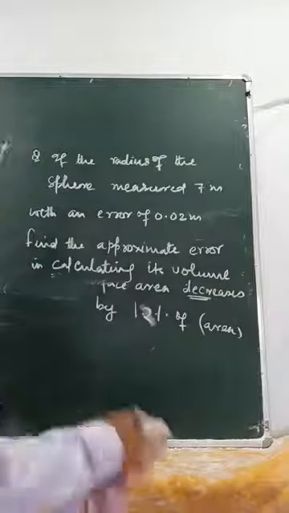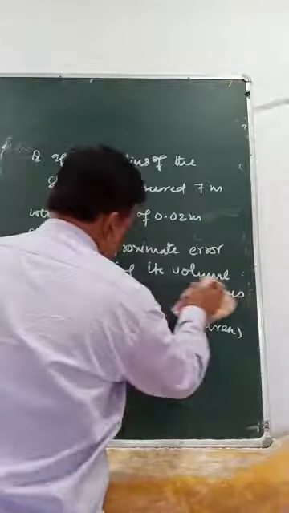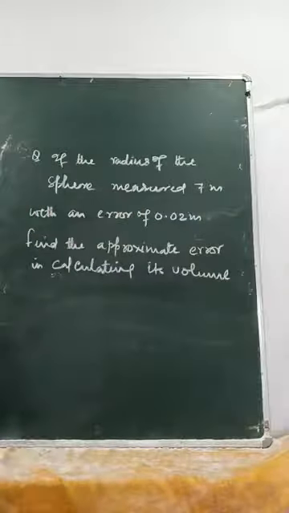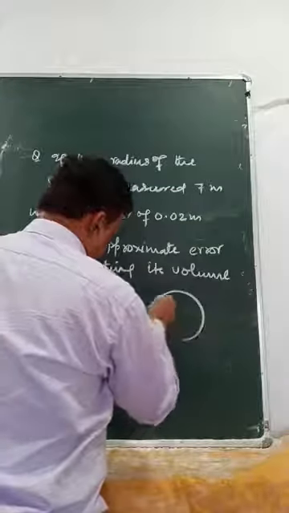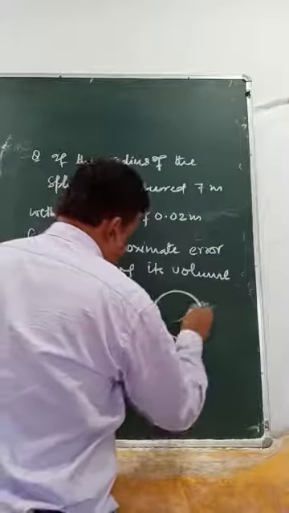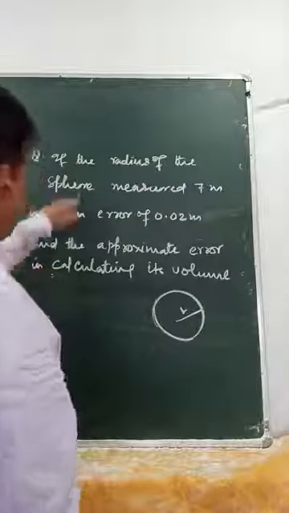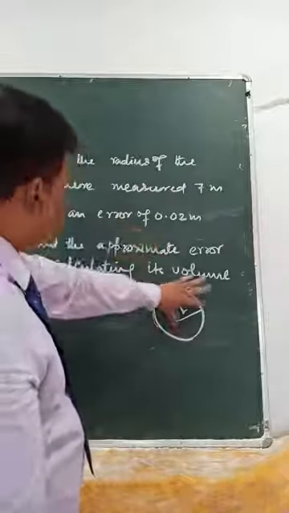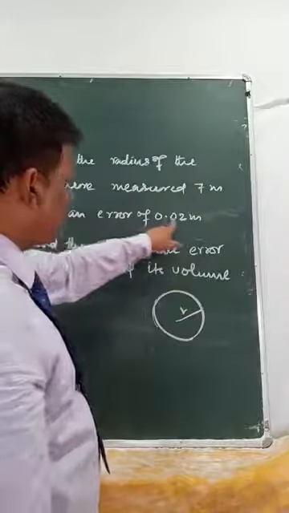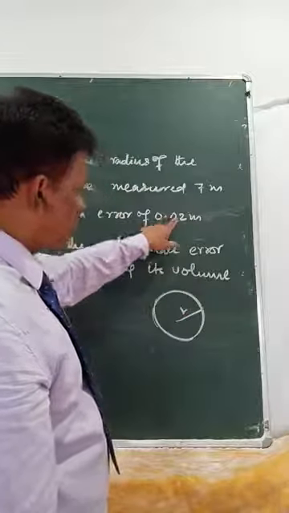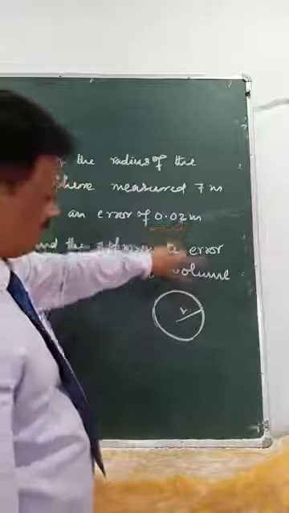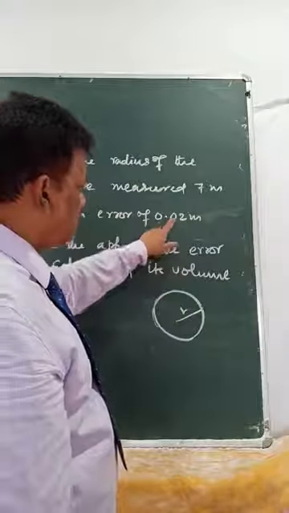Okay. See, suppose the sphere of radius r, there is a measurement. When you measure it, the error is given as 0.02, which means there could be a plus 0.02 meter mistake or a minus 0.02 meter.